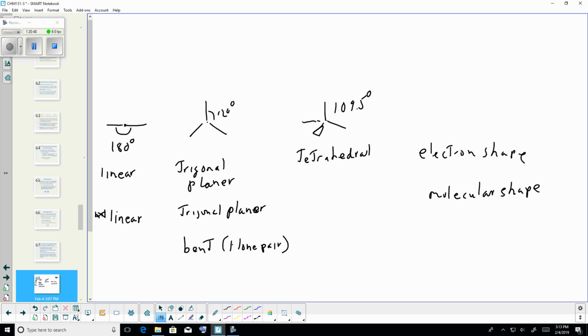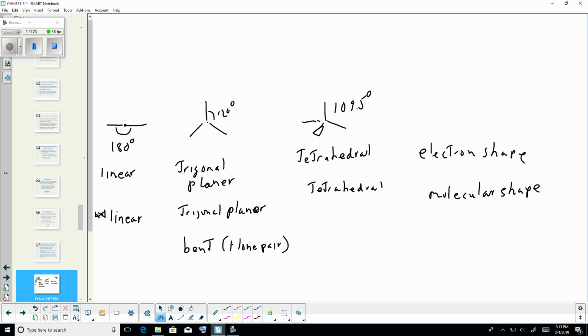Now I can go back to tetrahedral. If all the electrons have atoms, then the shape of it would be tetrahedral. But if only three out of the four, so I don't see this top, it's trigonal, but it's not planar.